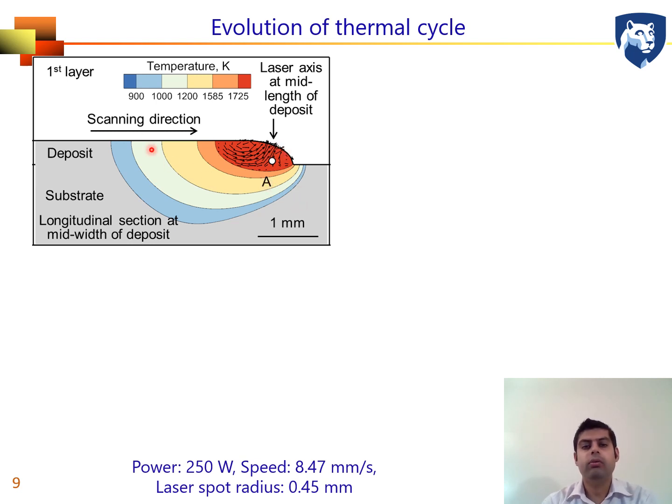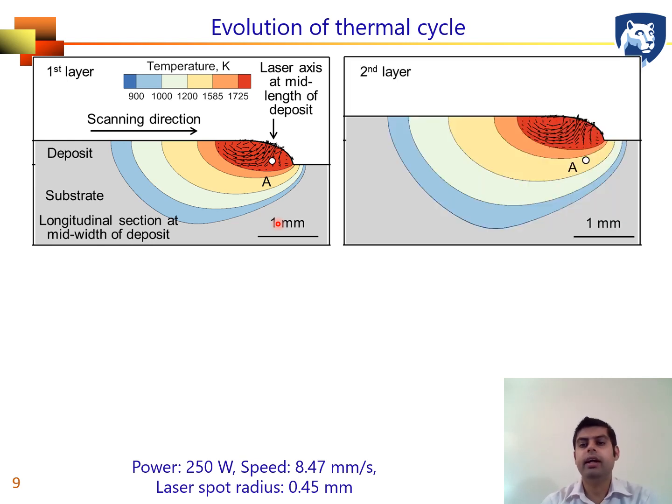While depositing the first layer, the temperature at the monitoring location point A, inside the molten pool, is very high, above the solidus temperature of the alloy. As we deposit the second layer, you can see the monitoring location A experiences a little lower temperature, lower than the solidus temperature of the alloy.